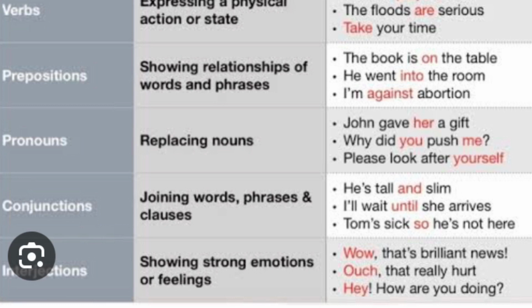We have seen one or two here. Her, you, me, yourself. In the sentences, John gave her a gift. Why did you push me? You and me are pronouns which we use instead of using the same noun repeatedly. The words we use are called pronouns.